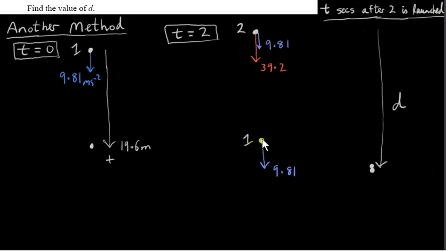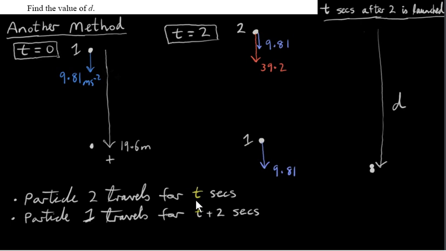However, particle 1 will have been travelling for t plus 2 seconds when it collides, because particle 1 was travelling for 2 seconds before particle 2 was launched. So these are the travel times for the particles up till they collide.